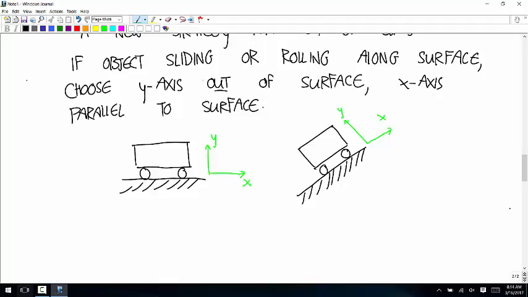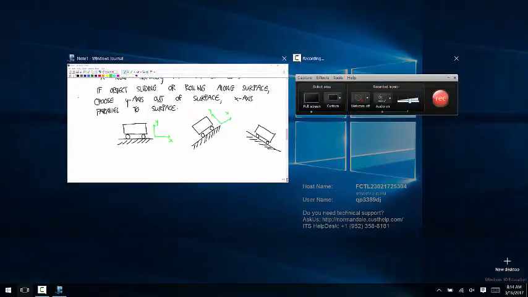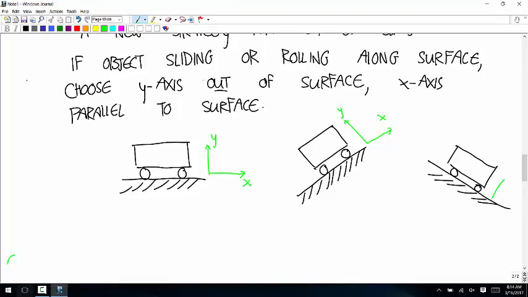And if that incline is going the other way, the y-axis is out of the surface, like that. Which way is the x-axis? Down. Yep.